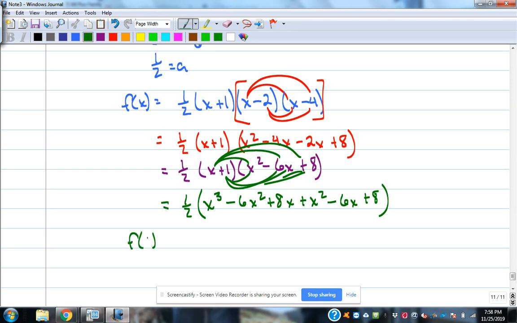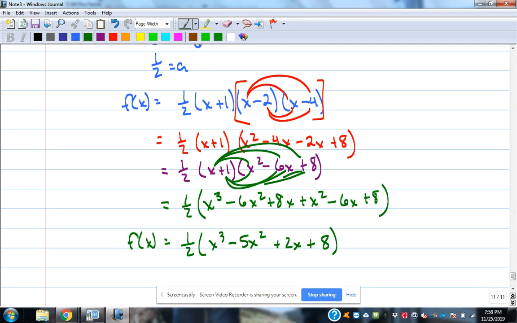All right, fun stuff, right? X cubed minus 5x squared plus 2x plus 8. Okay, I'm just combining like terms at that step. -6x squared positive 1x squared is a -5x squared. 8x minus 6x is 2x. 8 didn't have any alternatives, so it's right away.